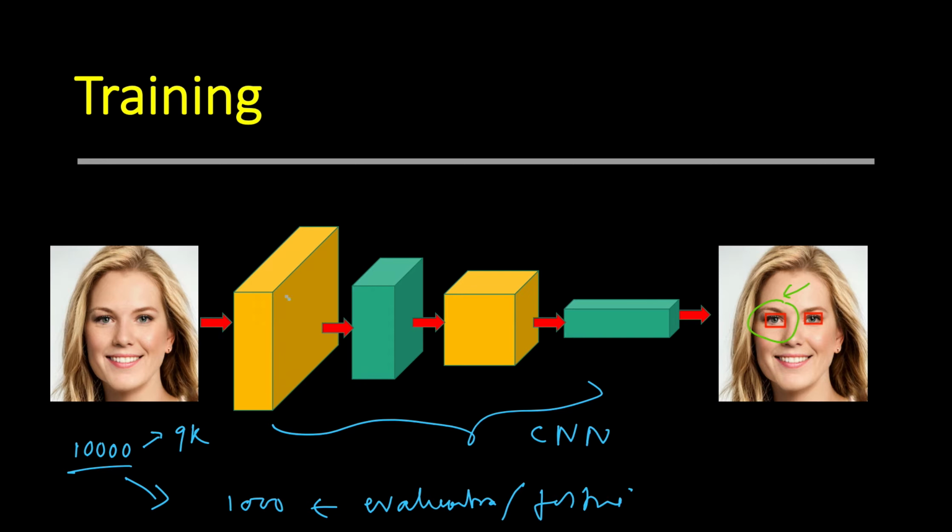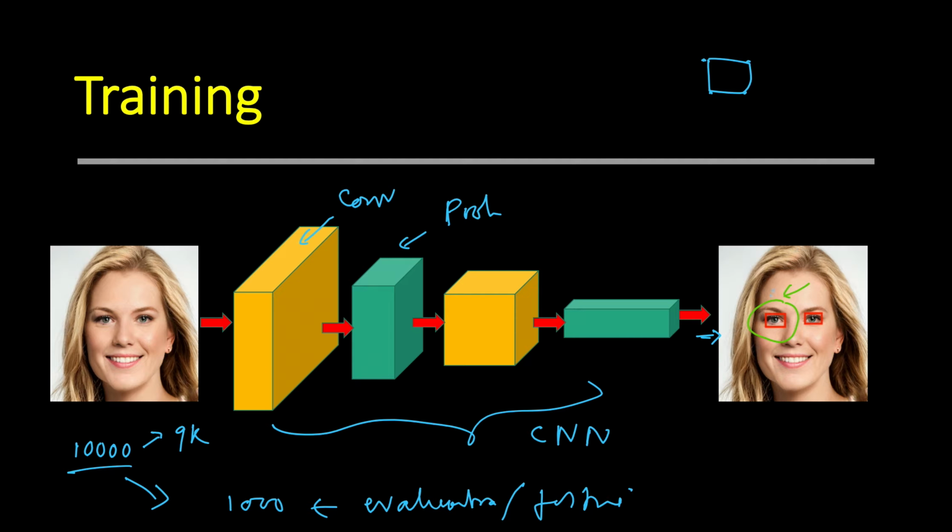Let's say this yellow one denotes the convolution layer, this denotes pooling, and finally the last layer will give us the result. The result will include bounding boxes of rectangles in the image, which you can visualize by drawing them, and you can get something like this. So you need to train this for multiple iterations, multiple epochs.